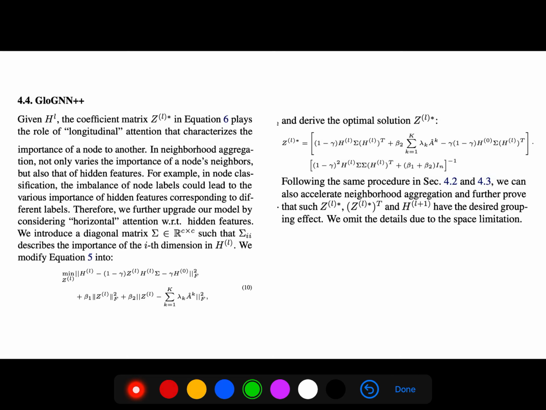We introduce a diagonal matrix sigma that describes the importance of the i-th dimension in H. So we have this optimization problem in this paper, minimizing over Z, and of course, we can also accelerate neighborhood aggregation.